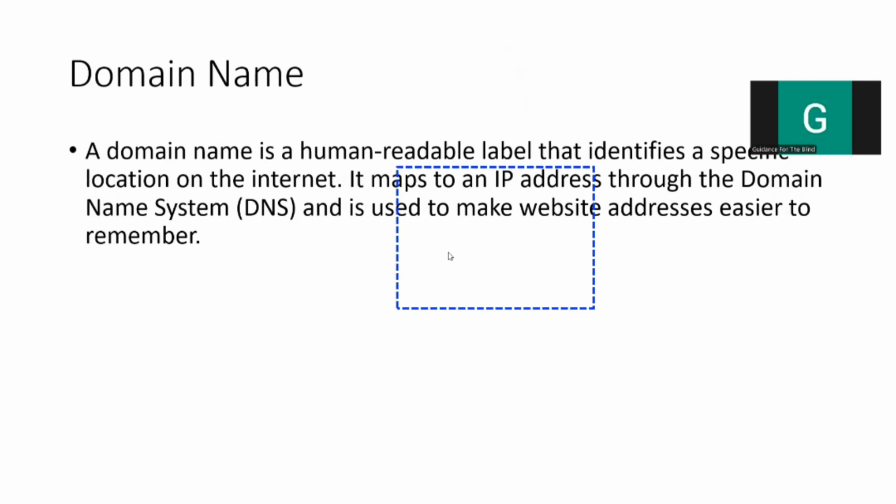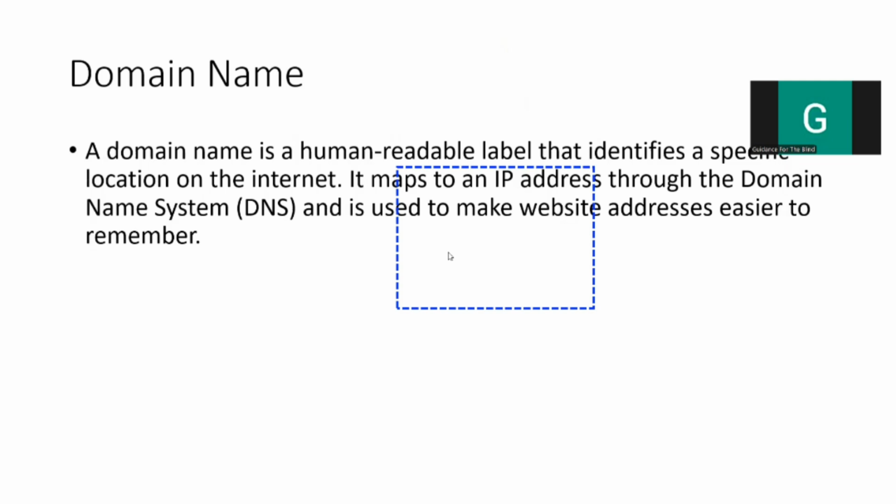Domain names are the names, as I explained with the contact analogy, that there could be a name behind which there is a phone number. Similarly, domain names are easy to remember names for us, since humans find it hard to remember numbers, right?